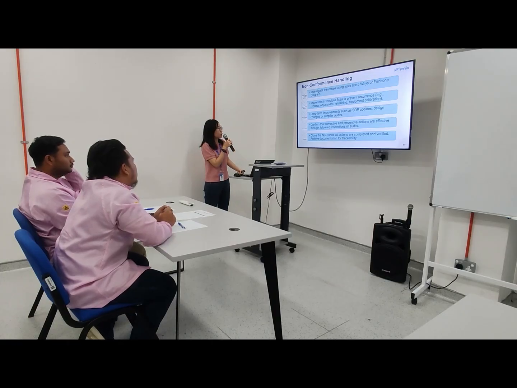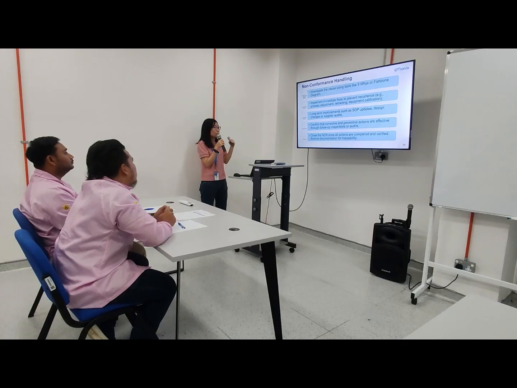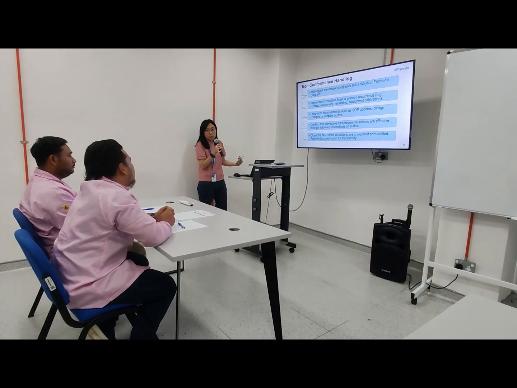Next is the corrective action. We will implement the immediate fix to prevent the reoccurrence, for example, any process adjustment, retraining, or equipment calibration. Okay, after corrective action, we will go for preventive. How to prevent it? Is like a long-term improvement such as the SOP updates, the design changes, or supplier audit.